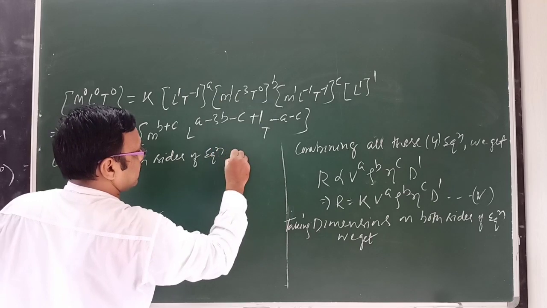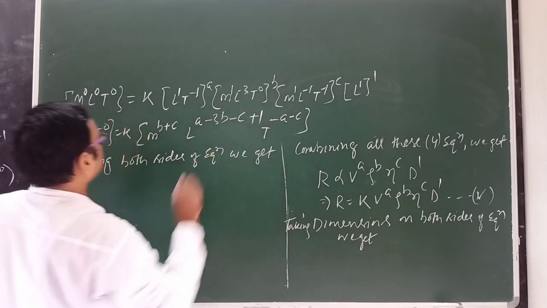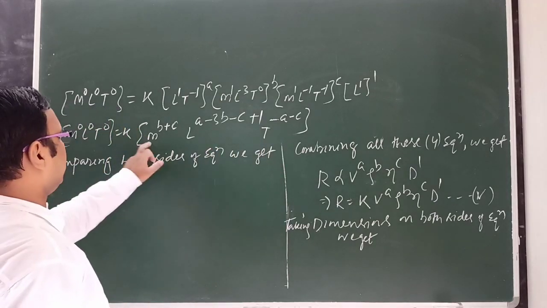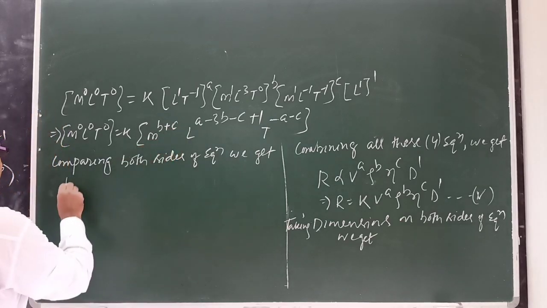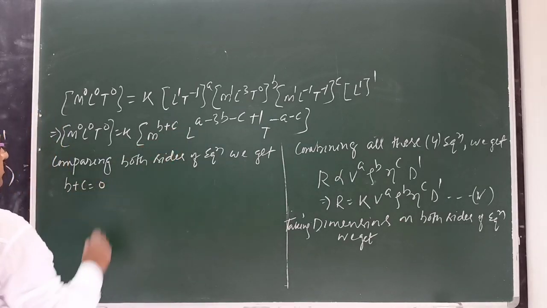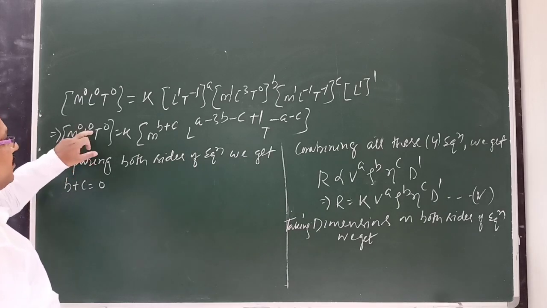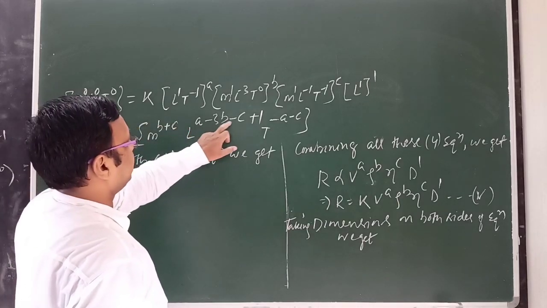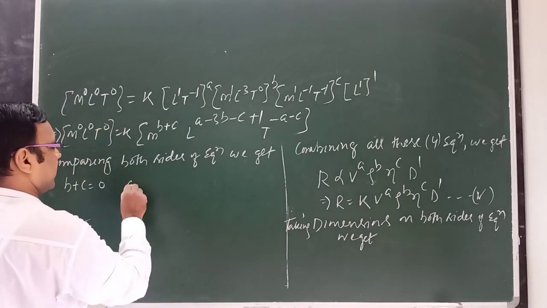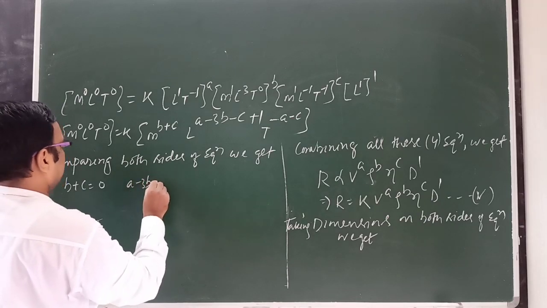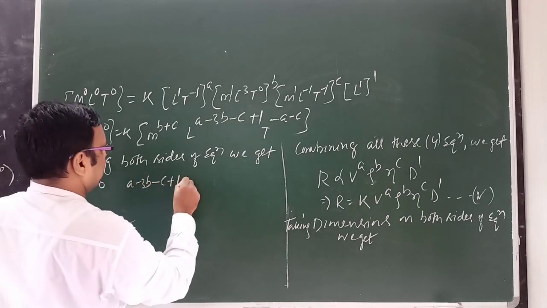we get how much it is? You see, M to power 0 equal to M to power B plus C. So we can write B plus C equals to 0. Similarly, L to power 0 equal to A minus 3B minus C plus 1. So we can write A minus 3B minus C plus 1 equals to 0.